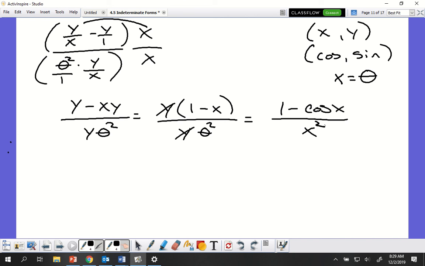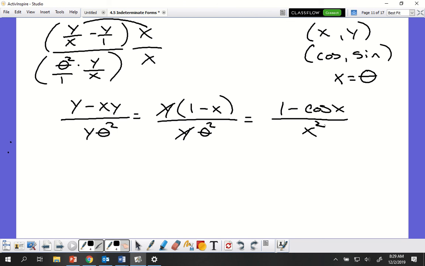Now let's go through and do my derivative now. Because if I plug in 0, I'm still going to get 1 minus 1 over 0 squared. So 0 over 0 still happens here. But now let's take the derivative. So the derivative is going to give me derivative of cosine, or I'm sorry, negative cosine?